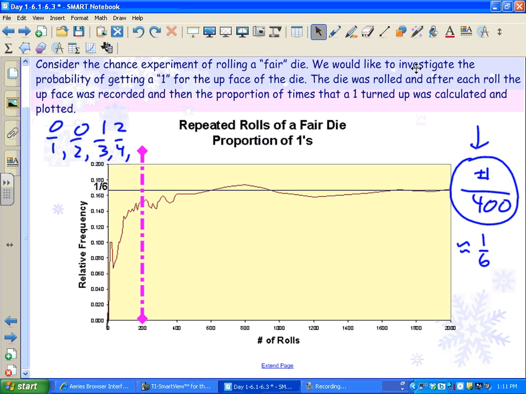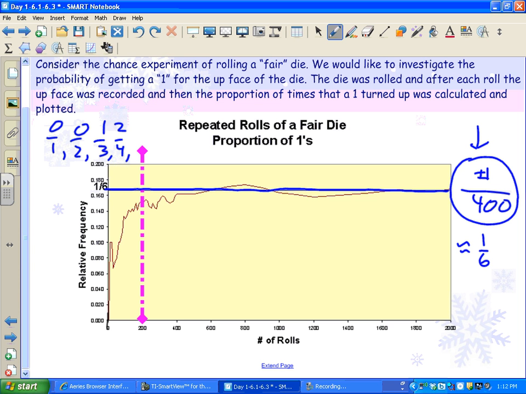That's what the law of large numbers says. When you replicate something a large number of times, the relative frequency, x out of 400, will get really close, in fact infinitely close, to its theoretical probability.